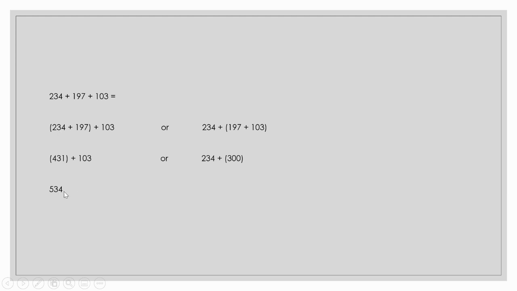Both methods still give us 534, but adding 197 plus 103 is easier than adding 234 plus 197. So while both methods work, sometimes changing the order in which we add the numbers together makes the process easier.